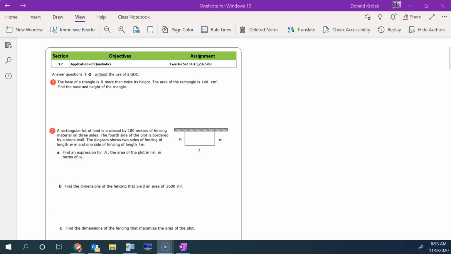So for example, here you got a triangle. Now this is not to scale. All right, it says the base is 8 more than twice the height. All right, so in a triangle, that's our height, and that's our base.